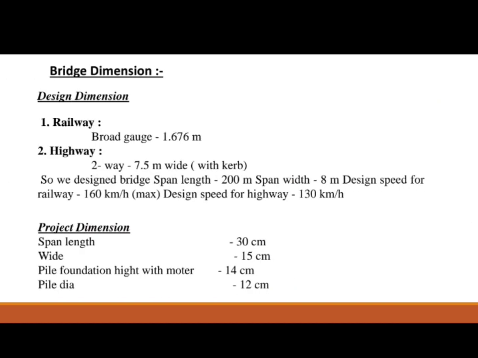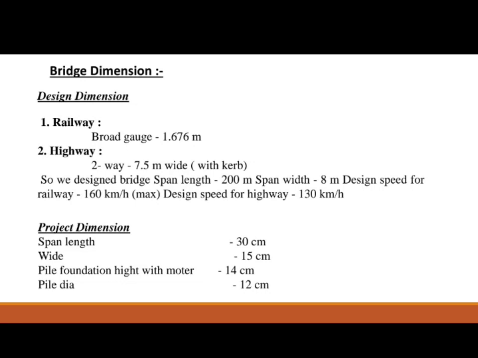Some bridge dimensions, designing dimensions. First one is railway, broad gauge 1.676 meter, as we know. Highway two-way 7.5 meter wide with curb.